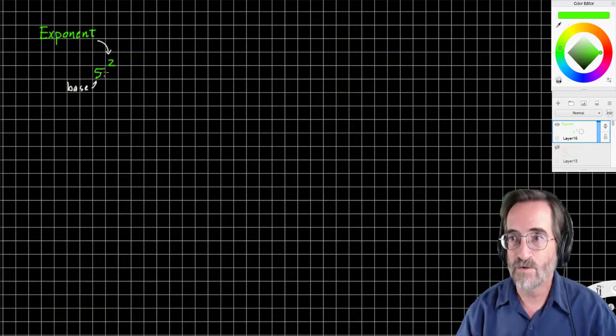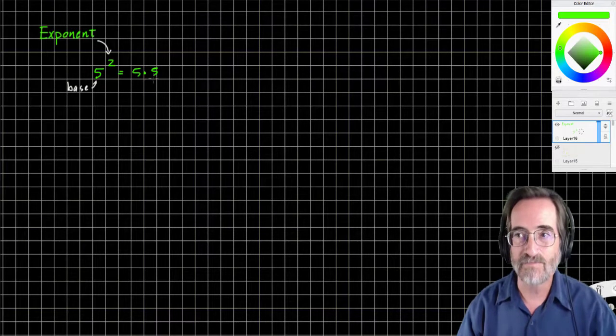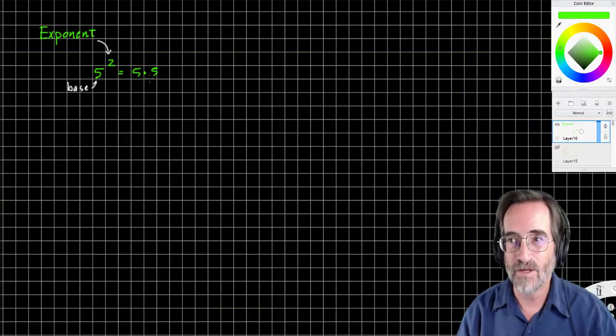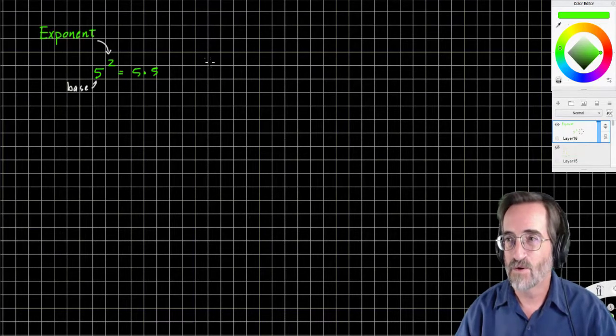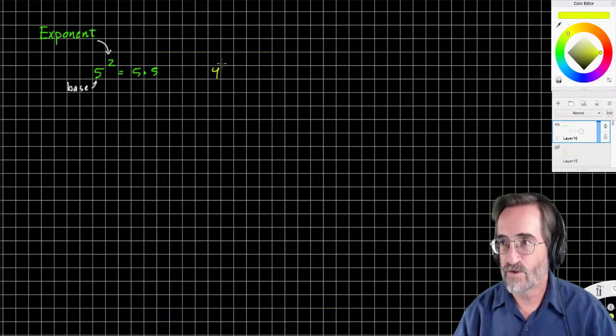So I'm going to write 5 squared equals 5 times 5. So the base gets multiplied by itself and it appears twice, right? That's an exponent.